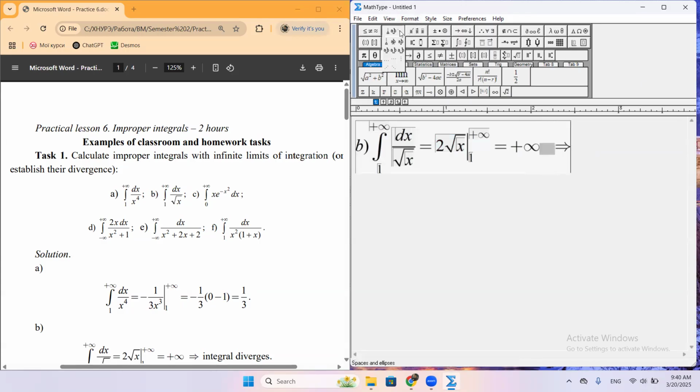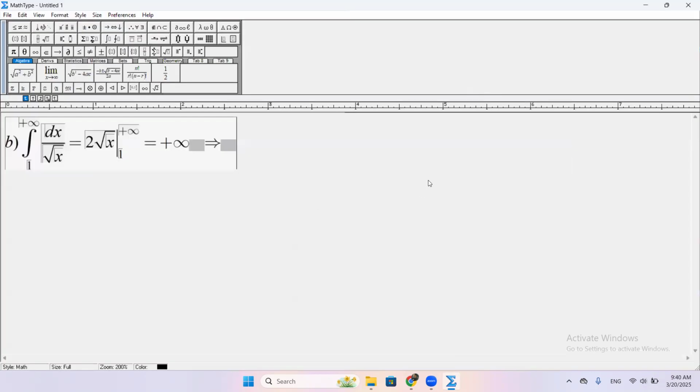So what do we have to write in the final answer? That integral diverges. So this is the final answer. So you must make such conclusion if the result is infinite.